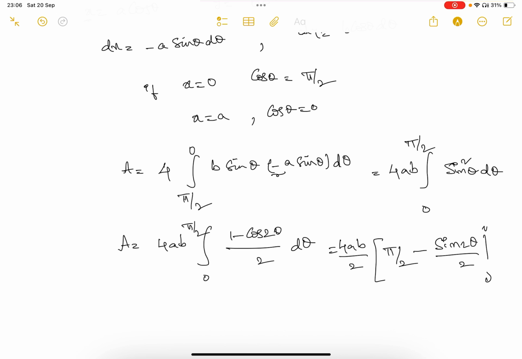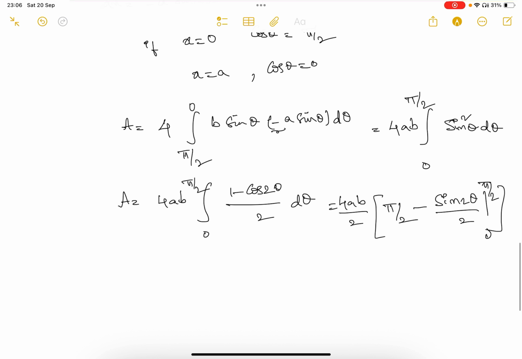Then integral 0 to pi by 2. Fine. This is 2ab into pi by 2 minus half into, when theta is pi by 2, it will be sin 2 into pi by 2. 2 will get cancelled, sin pi, right?